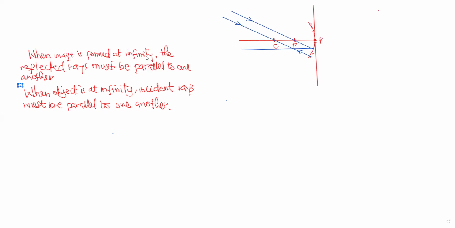So the two incident rays must be parallel to one another. Now look at where the reflected rays are meeting. They are meeting at this point. Where they meet would be precisely where the image will be formed.